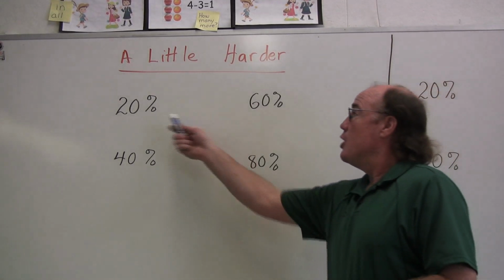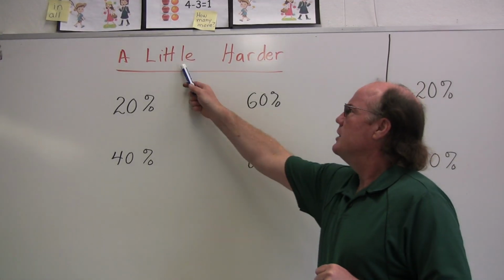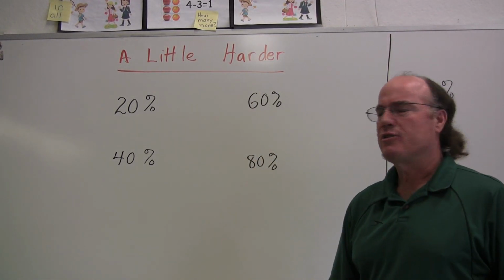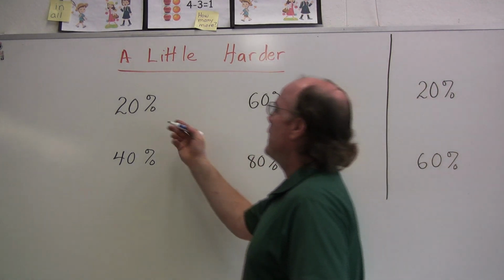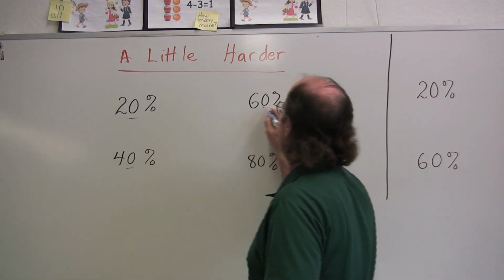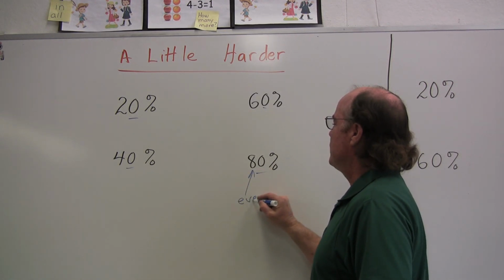Now, percentages that are just a little bit harder to turn into fractions might be these. Now notice we have the zeros here, but all of the tens numbers are all even.